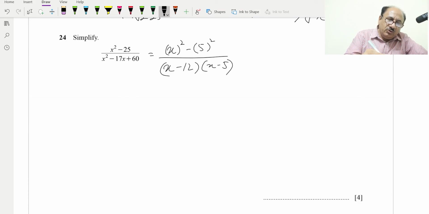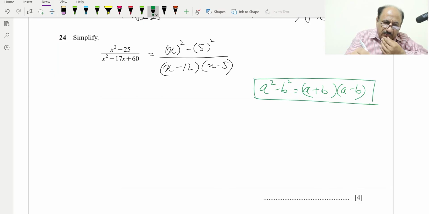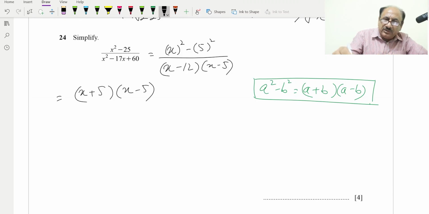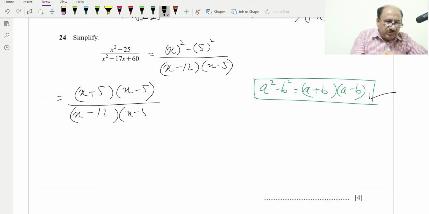Now we know the formula that a squared minus b squared is equal to a plus b times a minus b, and this formula we will be using for the numerator. So this will be x plus 5 times x minus 5 by this formula, and this will be divided by x minus 12 times x minus 5.